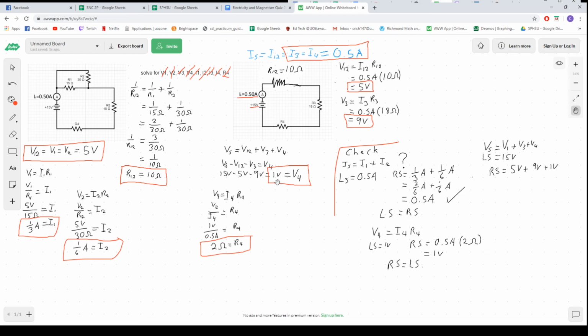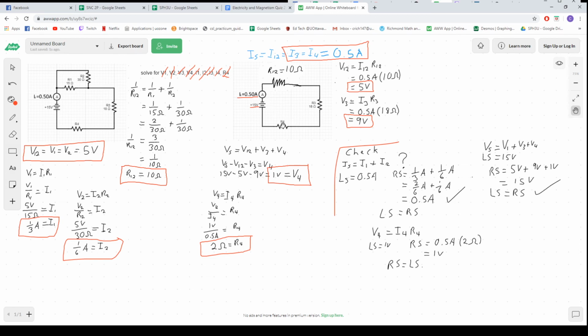Plus 1 volt, which is equal to 5 plus 9 plus 1 is equal to 15 volts. So we have left side is equal to 15, right side is equal to 15. So we have left side equals right side, and that is what we want. So that is also good.